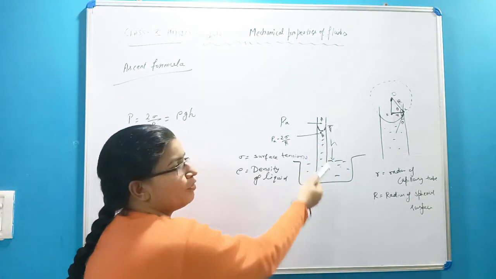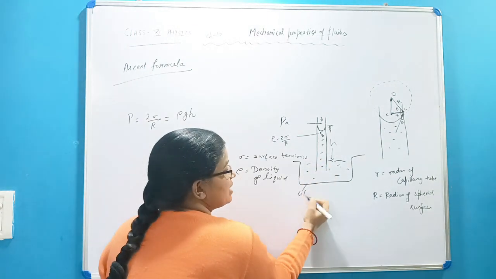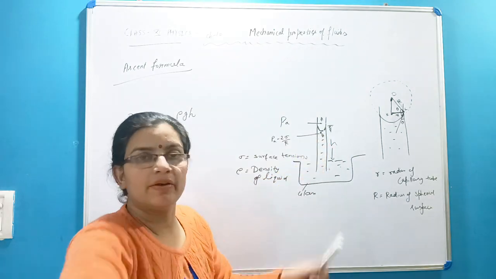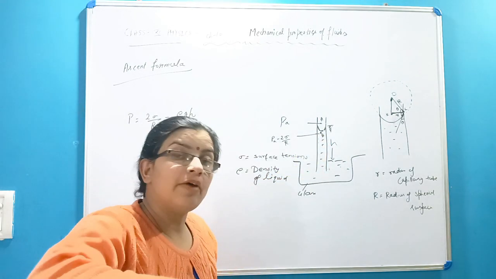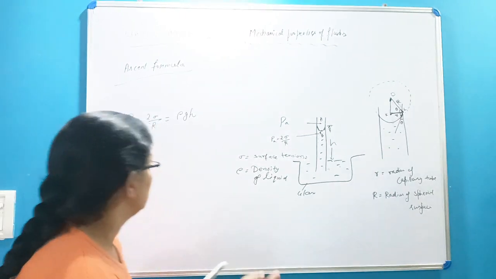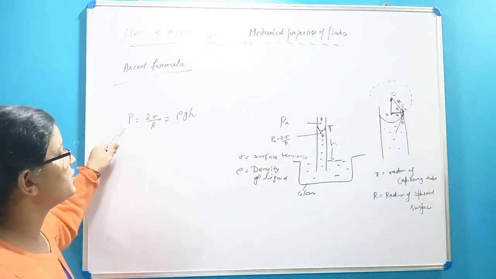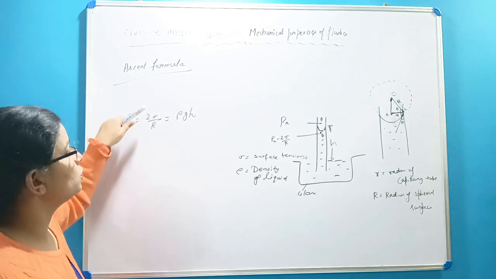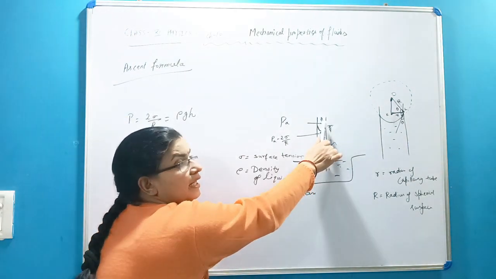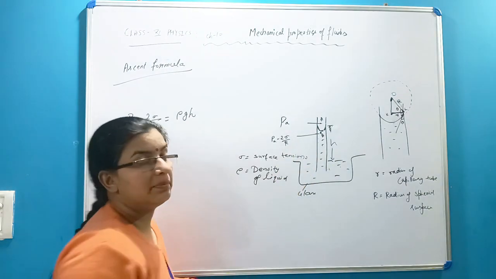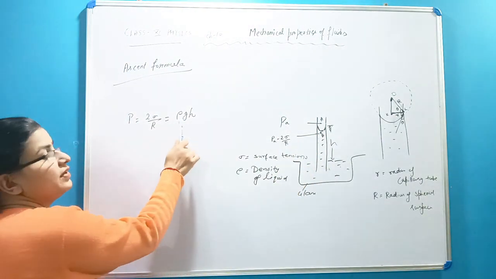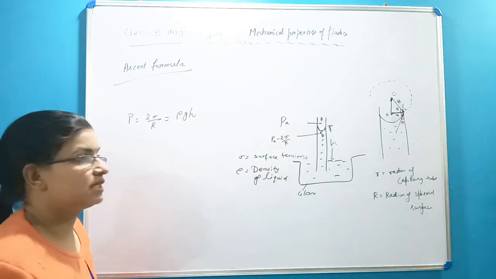That simply means the water, as this is made of glass, wets the walls of the container, so in the capillary tube the water will rise up. The excess pressure at A, Pa, is greater than the pressure at B. So 2 sigma by R is equal to rho g h, where rho is the density of the liquid, g is the acceleration due to gravity, and h is height.